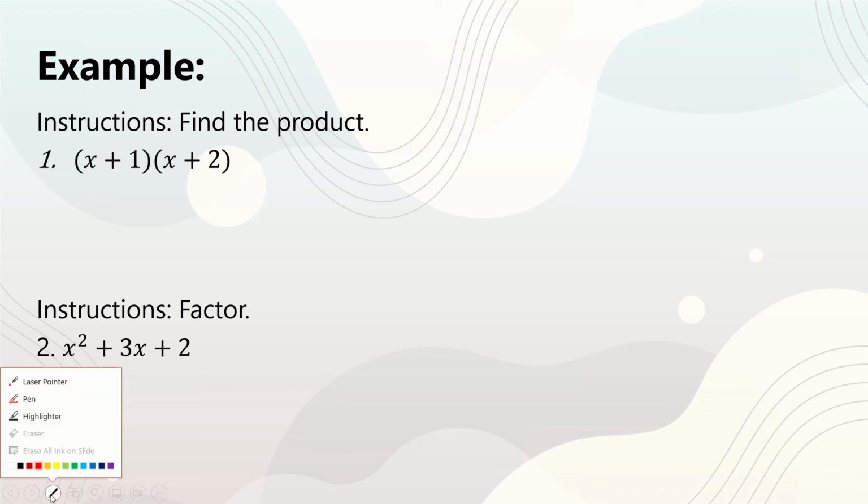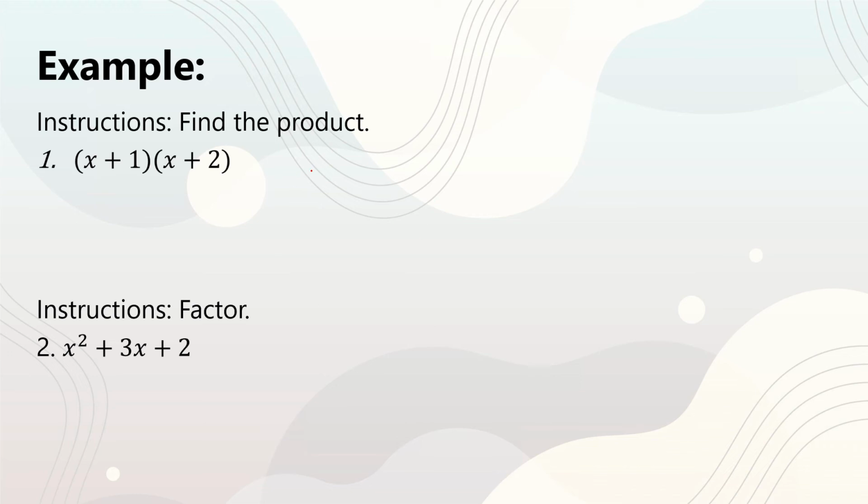If you use the distributive property, all you need to remember is to distribute the first term of our first binomial to both terms in our second binomial. And then afterwards, you just have to make sure that the second term of our first binomial will be distributed to both terms in our second binomial.